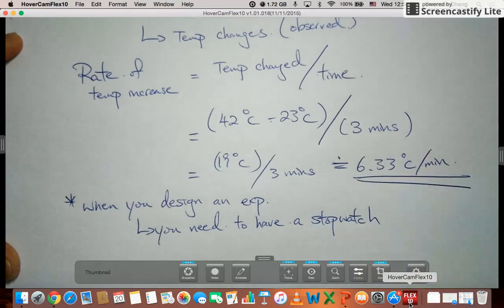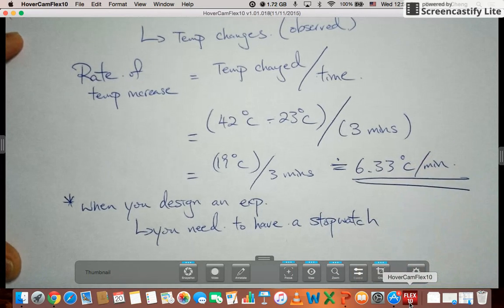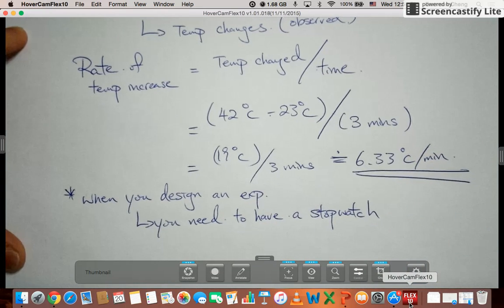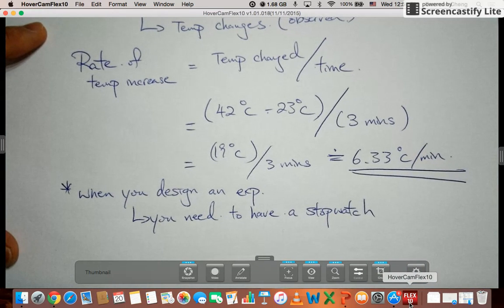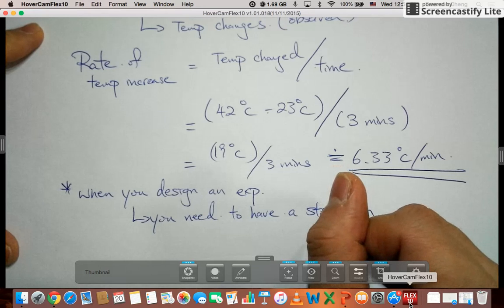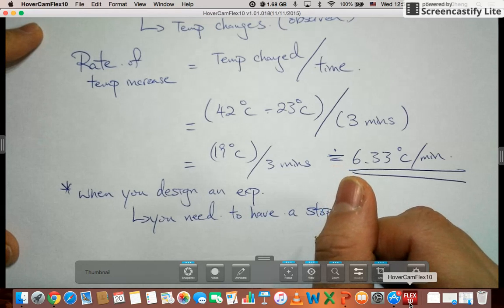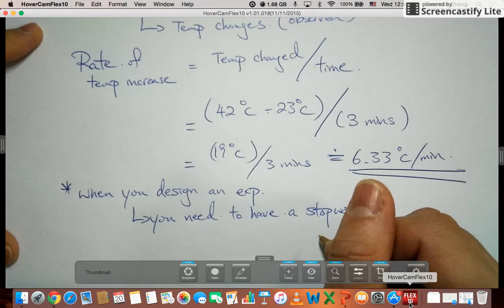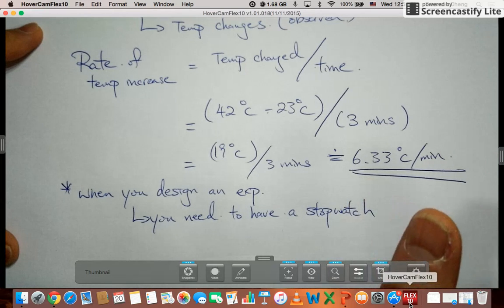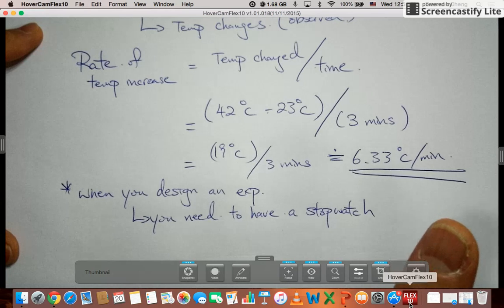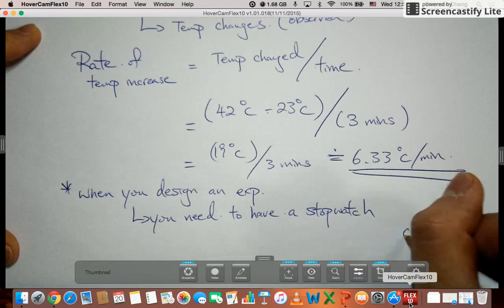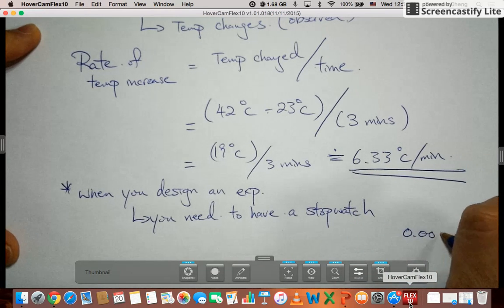Now, one thing about stopwatches and time, I didn't mention it with the other group earlier because I didn't think of it. Level of uncertainty of instruments. Some stopwatches can give you 2 or 3 decimal places, some can go down to like 0.001 seconds.